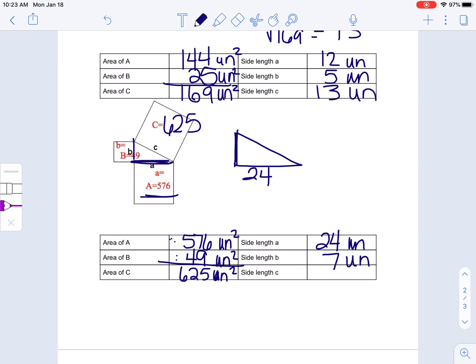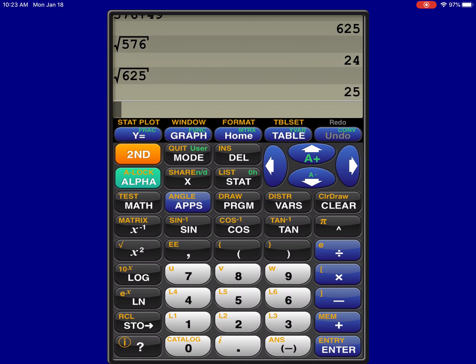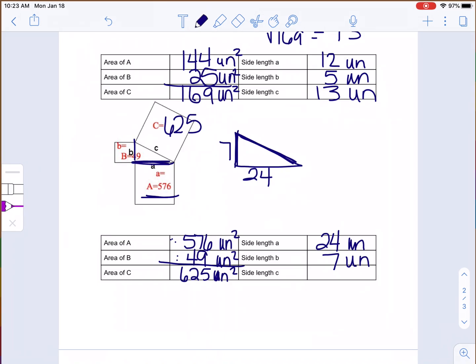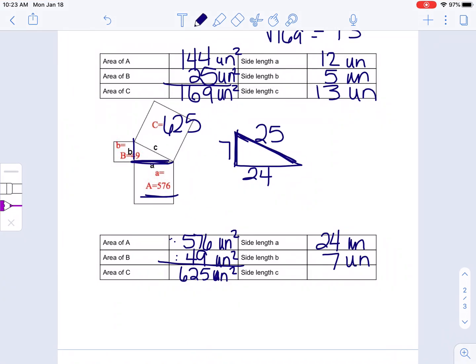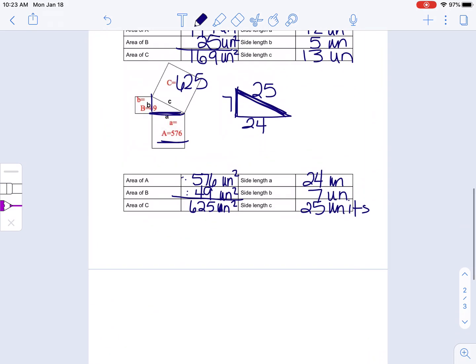And then the square root of 625, if you don't know that, you can come to your calculator. The square root of 625 is 25. So this last side of this triangle is 25 units. And that is how you model the Pythagorean theorem and find the areas of the squares and the side lengths of the 3 sides of the right triangle.